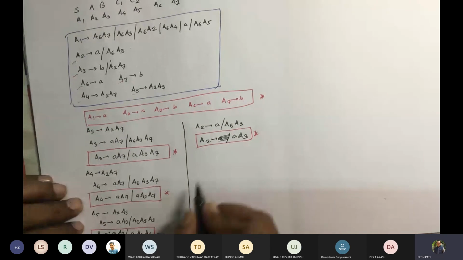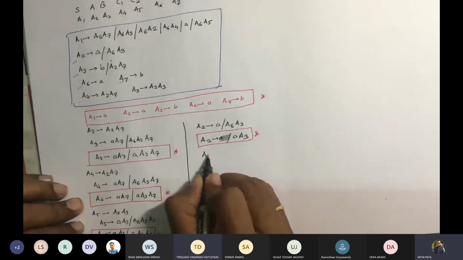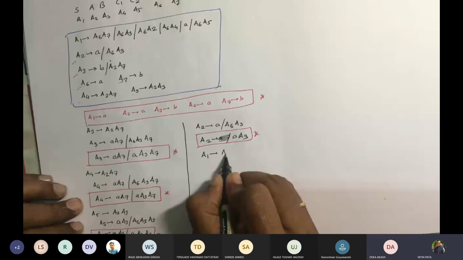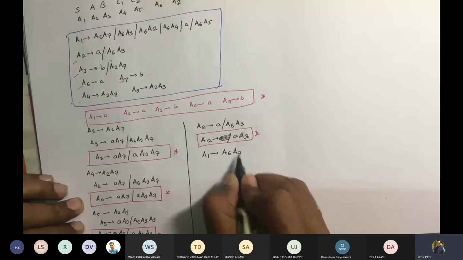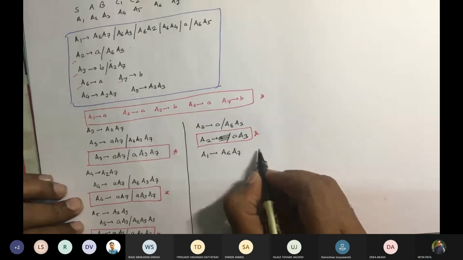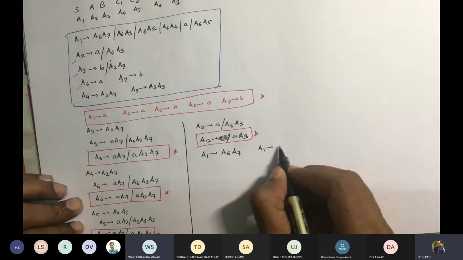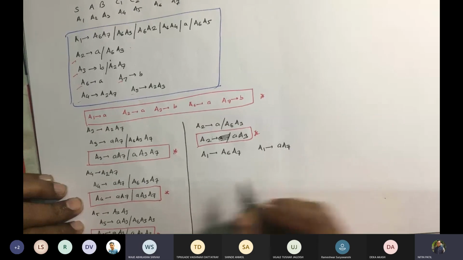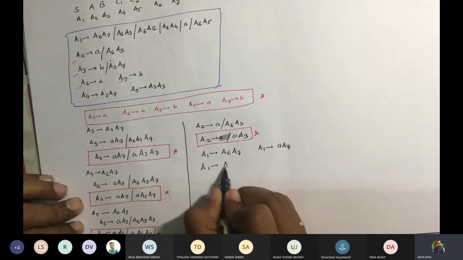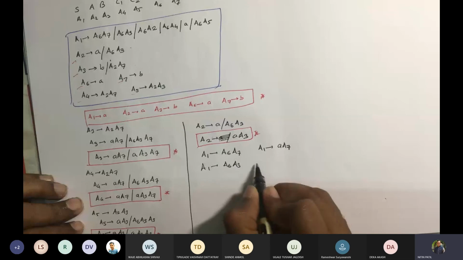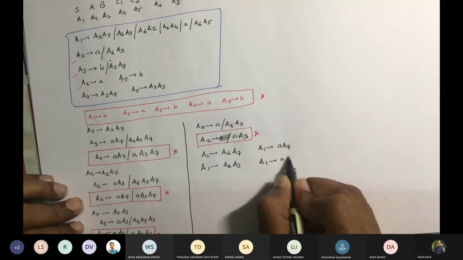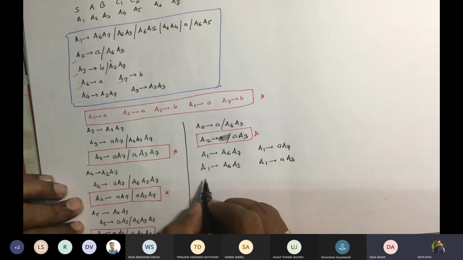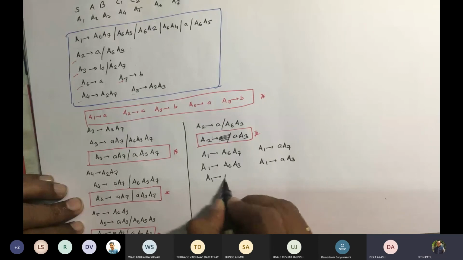यस सर। अभी एक एक प्रोडक्शन लिखे A1 का। A1 का प्रोडक्शन है A6 A7, उससे क्या हो जाएगा? A6 के A8 रिप्लेस किए तो A7। A1 गिव्स A6 A3, क्या आ जाएगा? नेक्स्ट वाला क्या आएगा?